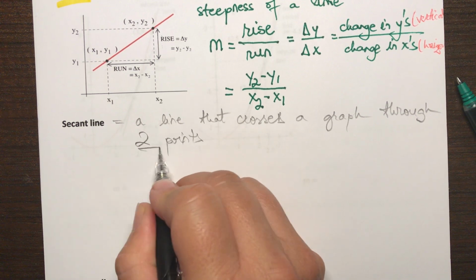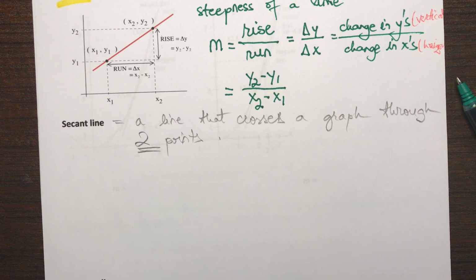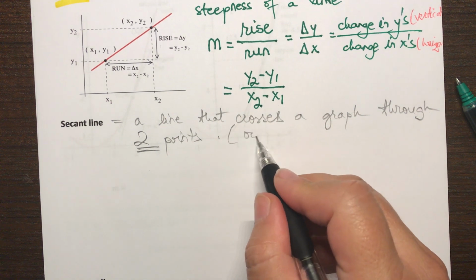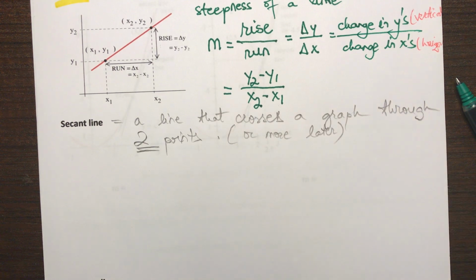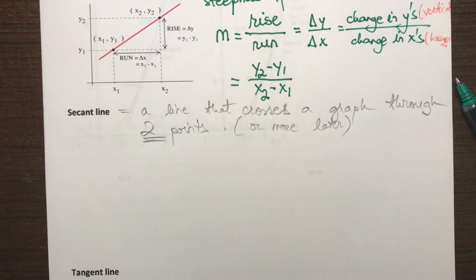Okay, so 2 points. All right. It could actually cross through more than 2 points.